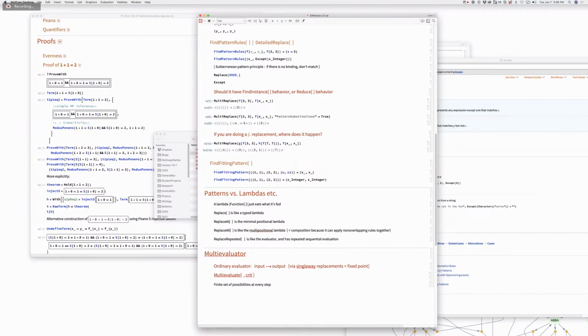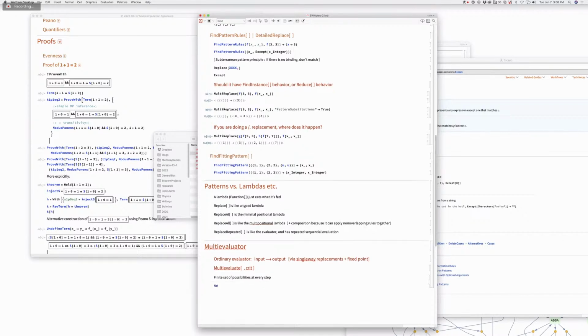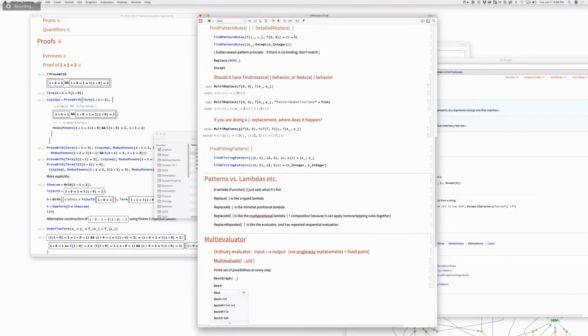That isn't the typical thing one does, but one could do it. Right. So what we're saying is a finite set of possibilities at every step. And it really is very much similar to NestGraph, for example. In a sense, NestGraph and the NestWhileGraph that Brad Klee has been working on, that's now a WFR.